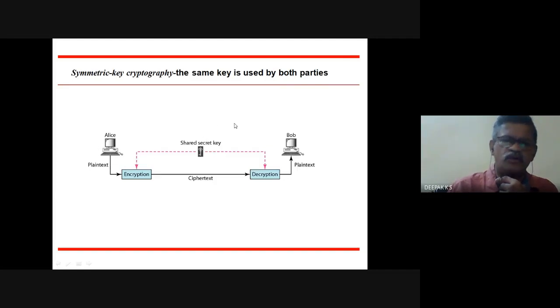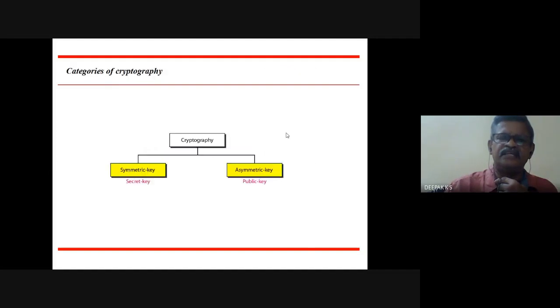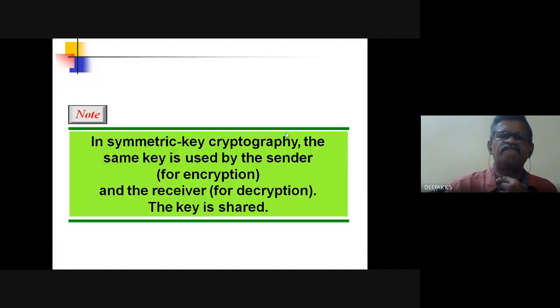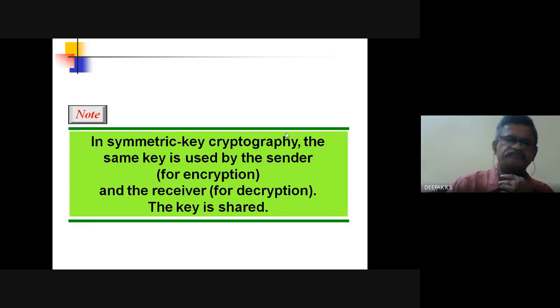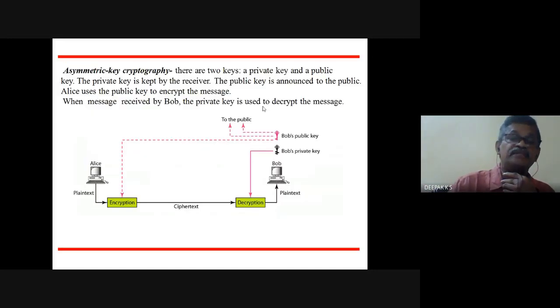These are the normal characters we find in cryptography. The same key is used by both parties. It is a secret one. In symmetric key cryptography, the same key is used by the sender for encryption and the receiver for decryption. The key is shared.